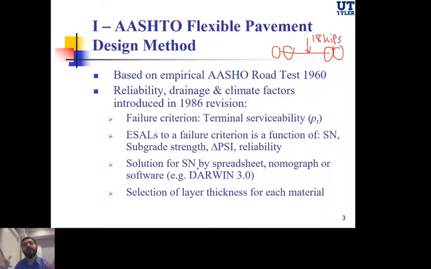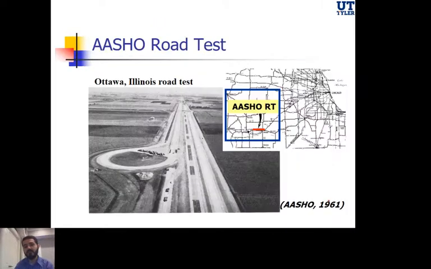After we collect all the inputs required for pavement design, we're going to enter a nomograph, or a long graph, to come up with what we call the structural number. The structural number eventually will be related to the required thickness for each one of the layers in any pavement structure. And then we're going to select the layer thickness for each one of these materials.